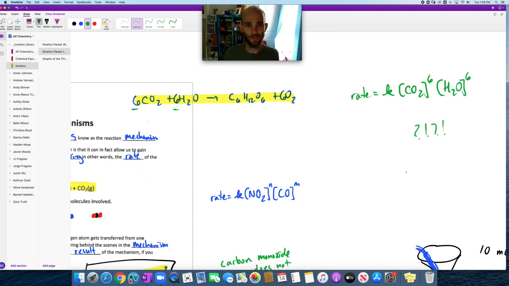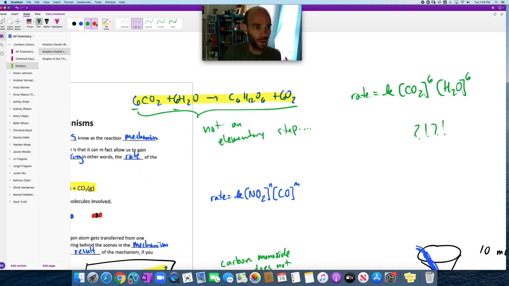We can't do that unless it actually is an elementary step. But we have really good evidence that this is not an elementary step. So since it's not an elementary step, that's why we can't write the rate law based off of the coefficients.